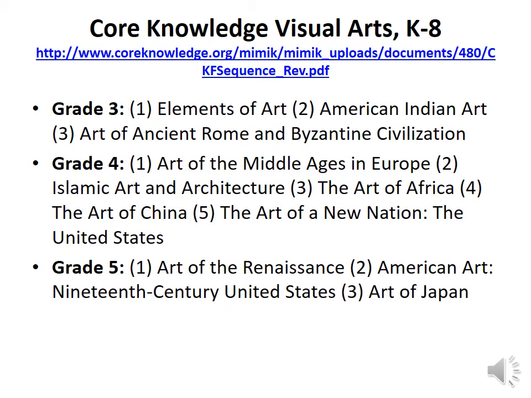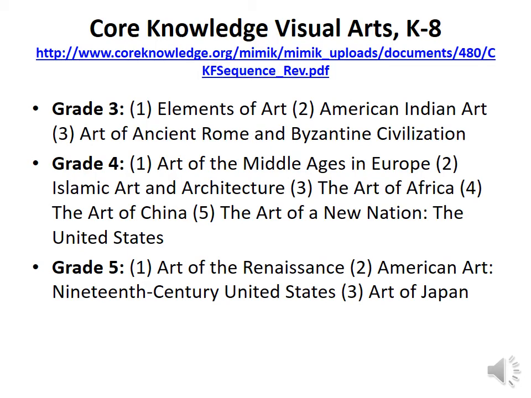Grade 4, Art of the Middle Ages in Europe, Islamic art and architecture, the art of Africa, the art of China, the art of a new nation, and art of the United States. And actually, looking at that sequence again, the art of a new nation is the art of the United States. Grade 5, Art of the Renaissance, American art, 19th century, United States art, and art of Japan.